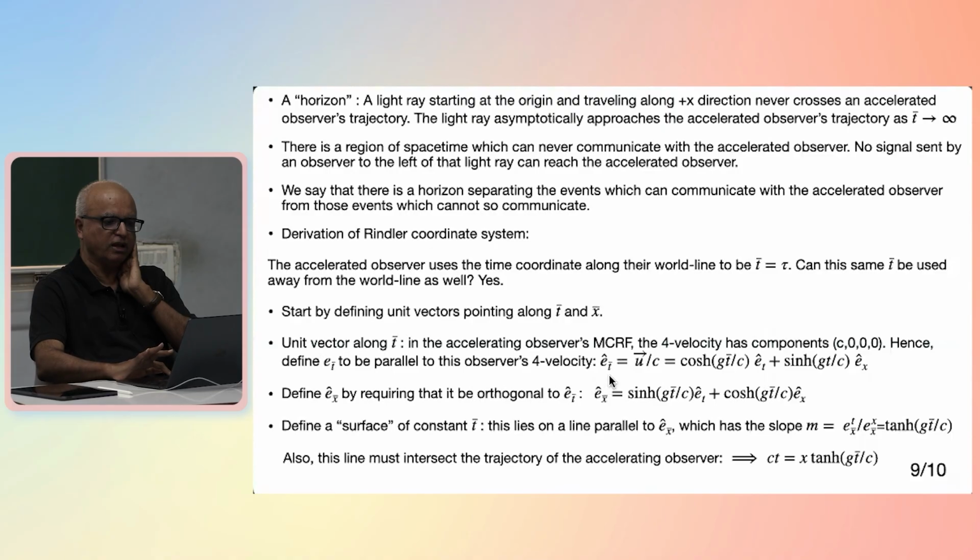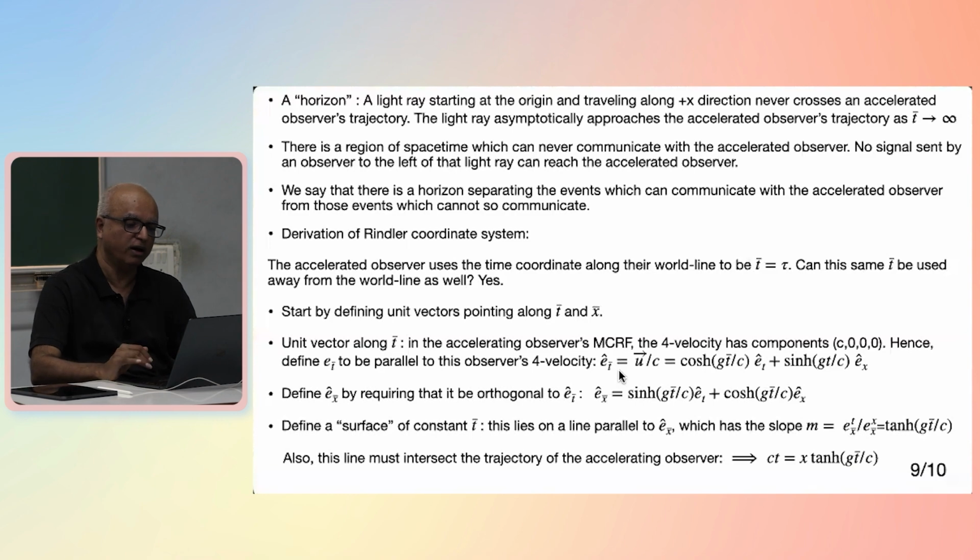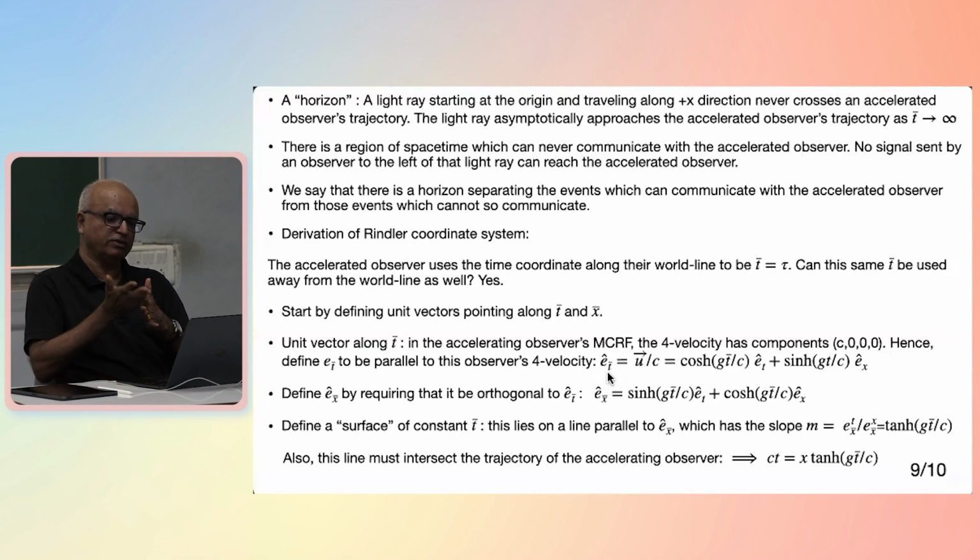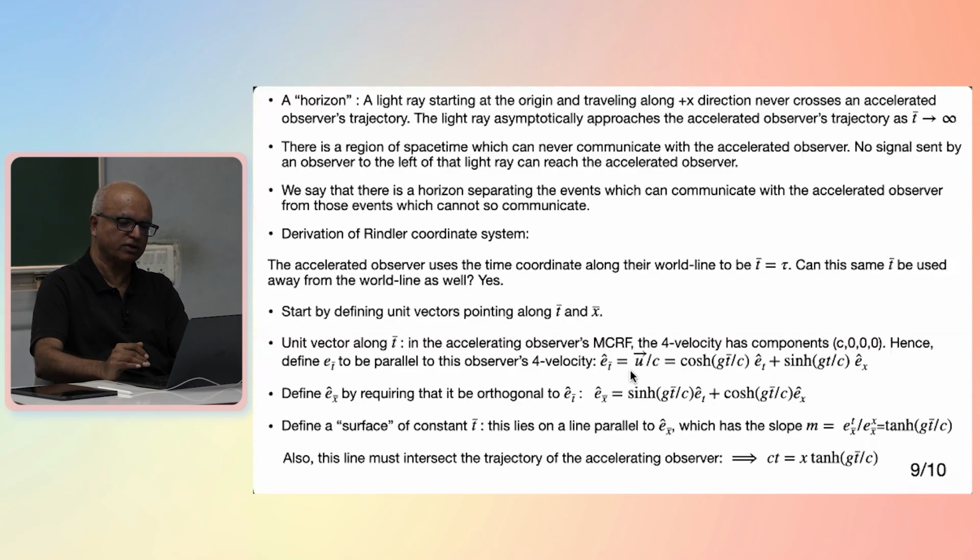So, the unit vector along the direction E t bar, be very careful, t or t bar, I want the unit vector along t bar, and that unit vector is parallel to the 4 velocity, because the 4 velocity is time-like in the MCRF.